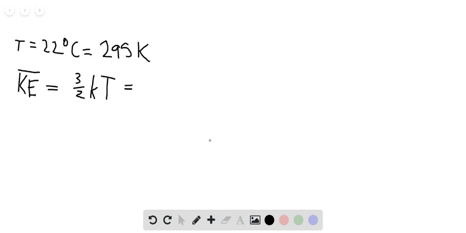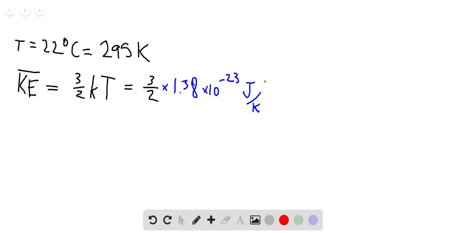And the Boltzmann constant is equal to, I'll write it in blue here just to use different colors, 1.38 times 10 to the minus 23 joules per Kelvin.